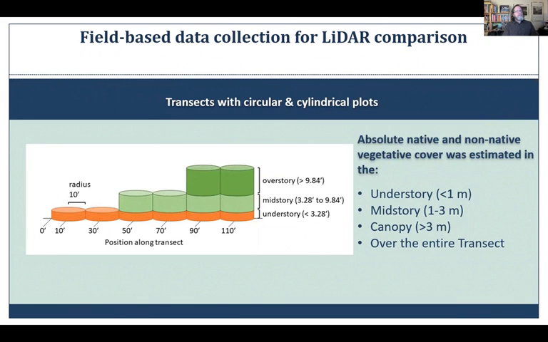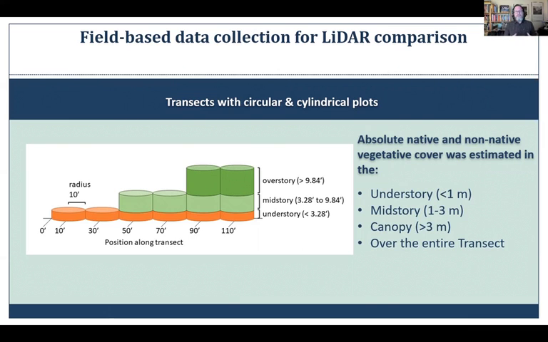For the pilot study, we coupled field data collection along transects with the LiDAR data, and we used a line transect with circular plots established at regular intervals, basically a 10-foot radius circular plot established every 20 feet along the transect.